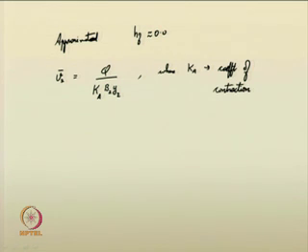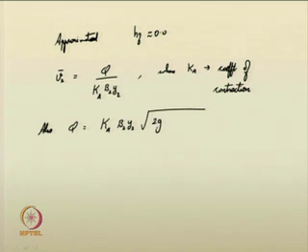So, he came up with this particular suggestion. Also, he suggested the discharge Q is K A into B 2 y 2 root of 2 g h 2 plus V 1 square.